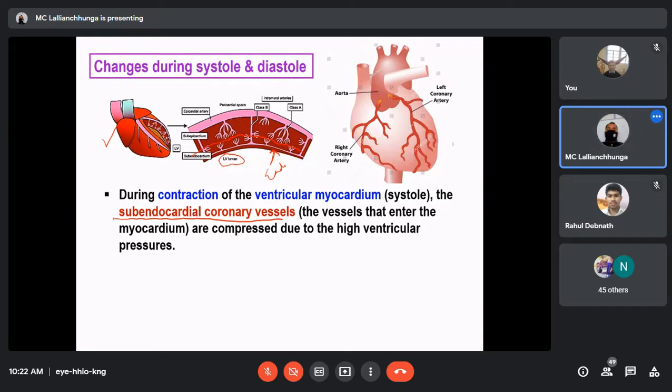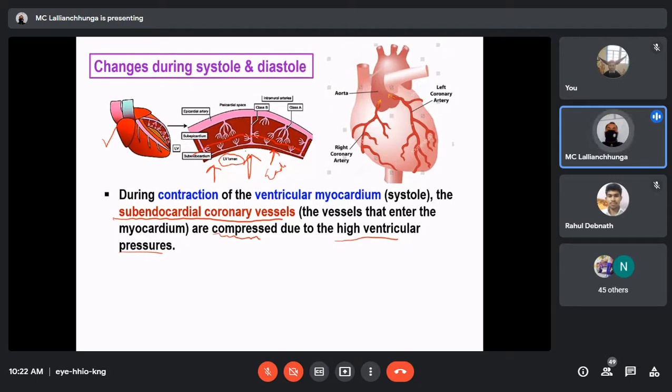So you know that when there is contraction of the ventricles, these blood vessels which are in the subendocardial region of the myocardium are compressed. Here it is said, compressed due to high ventricular pressure. It is clear that when the ventricle is contracting, it tries to pump blood out of it.